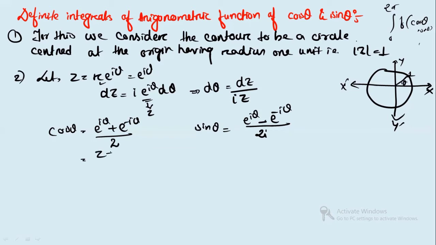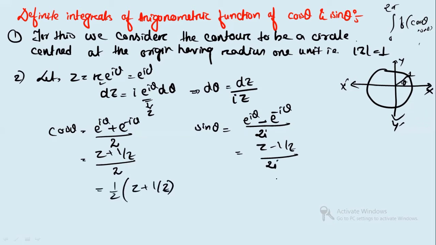So cos theta is z plus 1 by z, because the power is negative, divided by 2, and sin theta is z minus 1 by z divided by 2i, which can be written as 1 by 2 (z plus 1 by z) and 1 by 2i (z minus 1 by z). Clear? So this is the second step. That means you will have to replace cos theta and sin theta by these terms, and you will substitute d theta as dz by iz.